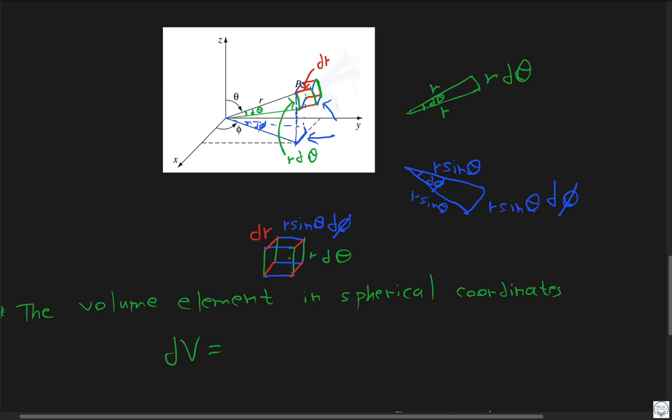The limits of the calculus will allow us to use the volume of a cuboid instead of trying to find the volume of an irregular shape. These things are so small that we can use this. So one side is dr, the other side is r sine theta d phi, then we have r d theta.